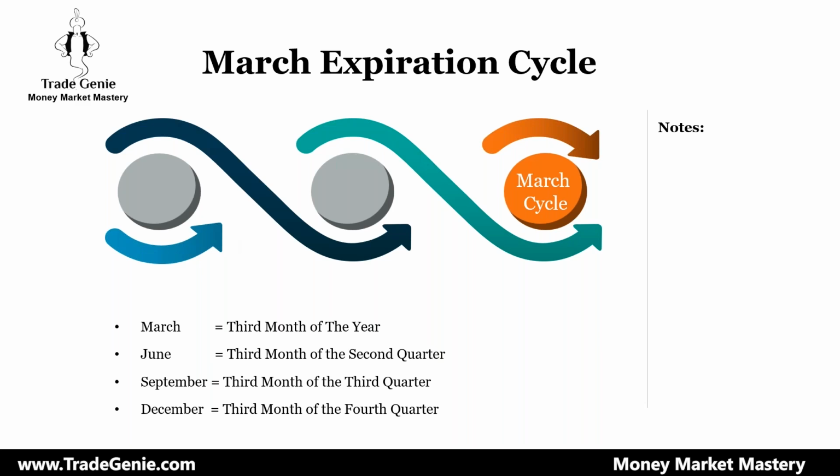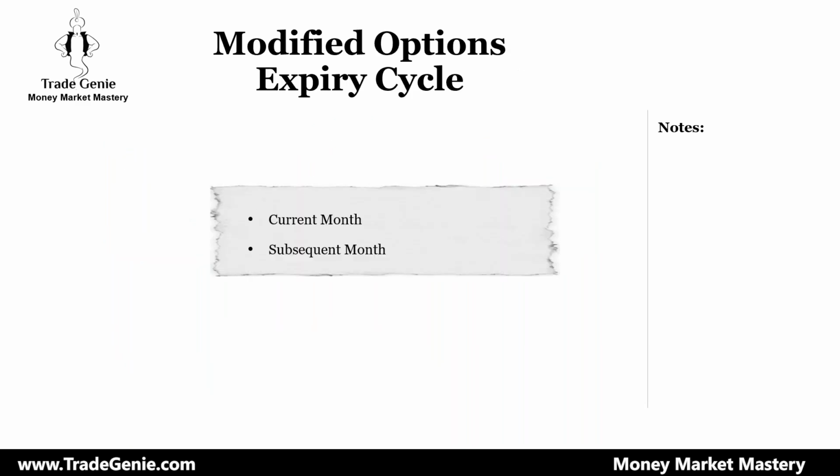Now there is what they call a modified options expiry cycle. Previously, when the options started trading, they only had the current month, and then they had extra months, 2 extra months.